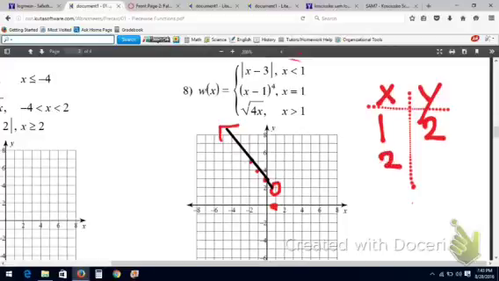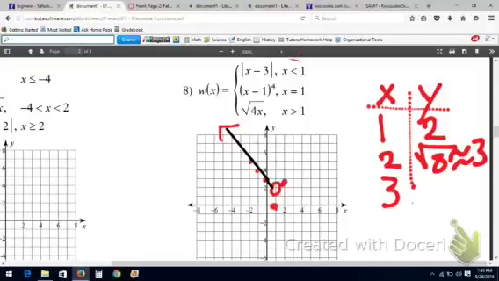Now do 2. So that would be the square root of 8, which is going to be almost 3. So go to 2 and go to almost 3 and put a point. And then 3, square root of 12 is almost 4. I don't have a calculator, so I'm estimating. 3, almost 4.